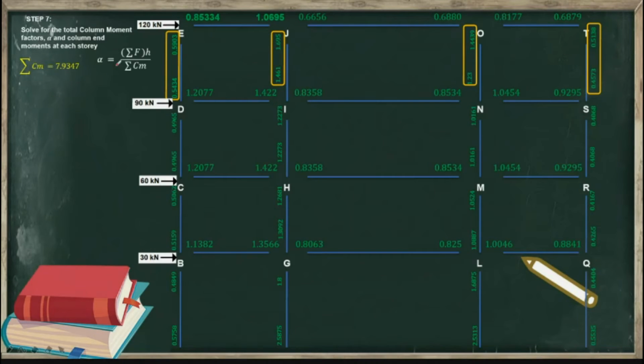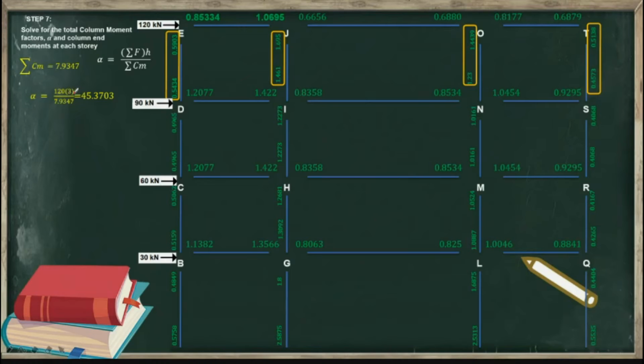So, si alpha, meron tayong formula na summation of lateral force times the height of the column divided by the summation of cm. So, dito siya ma-apply yung summation ng column moment factors natin. So, sa kay alpha, sa 4th floor, ang nag-a-act na lateral force is yung 120 lang.